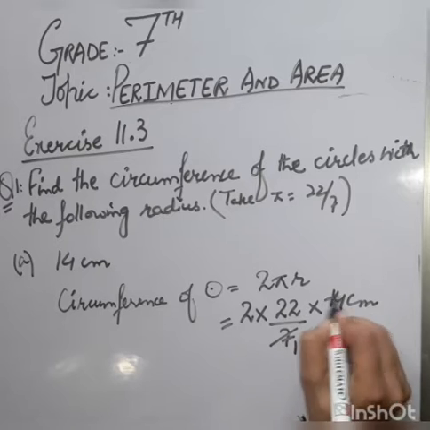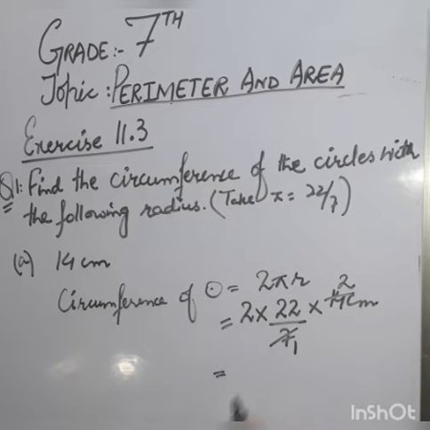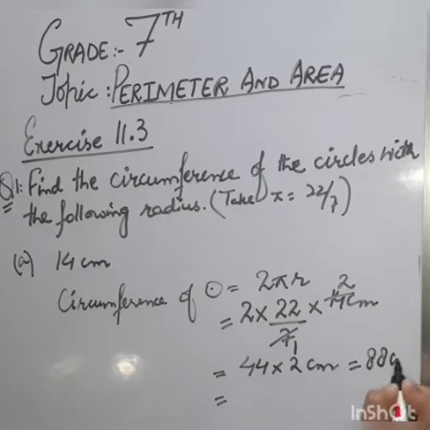Now 7 1 are 7 and 7 2 are 14. Now we are left with 2 into 22, that is 44 into 2 centimeters. Now 2 4 are 8 and 2 4 are 8. So 88 centimeters is the circumference of this circle whose radius is 14 centimeters. Clear? So students, you will solve the rest of the parts, part B and part C, yourself.